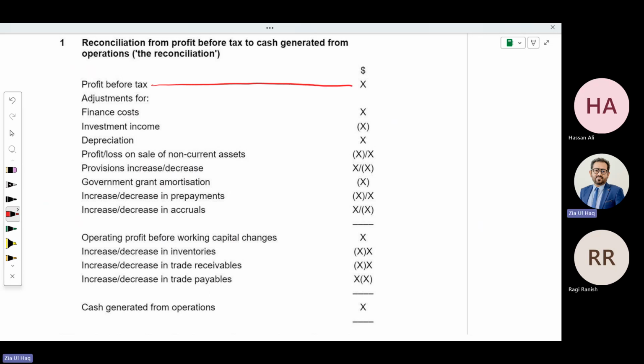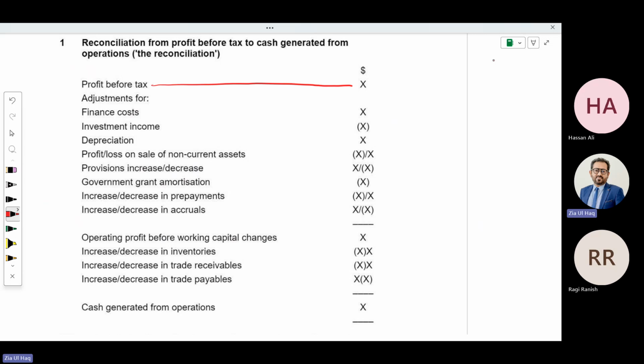If in the question the profit after tax figure is given, we need to add back the tax. Profit before tax less tax is equal to profit after tax. If profit after tax is given, we need to add tax to move towards profit before tax.